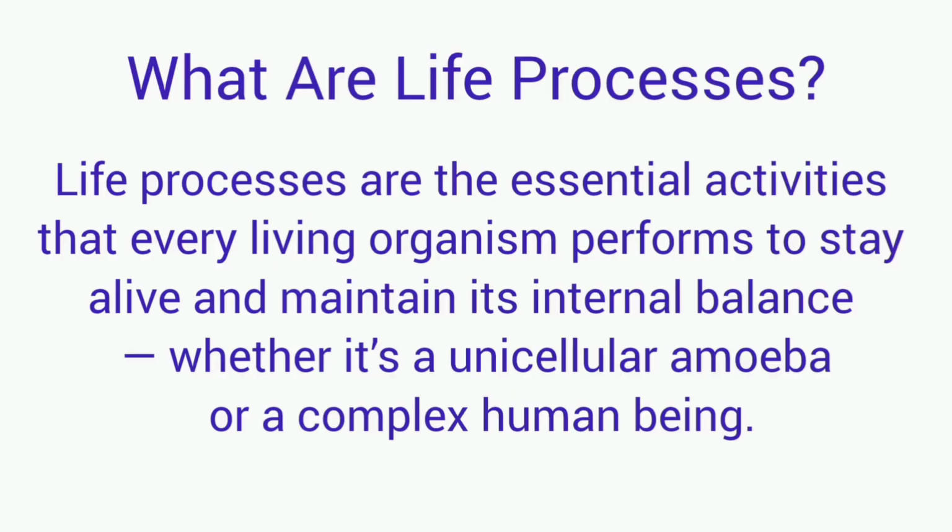This silent work is done by a set of organized processes, and these are what we call life processes. Life processes are the essential activities that every living organism must perform to stay alive and maintain its body, no matter whether it is a single celled amoeba or a human being.